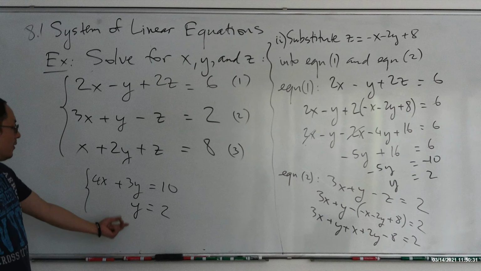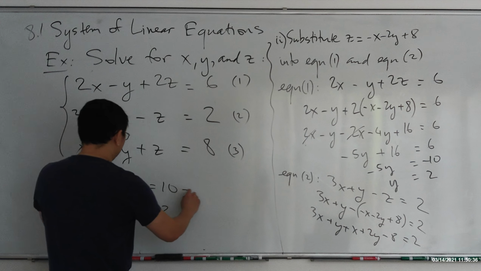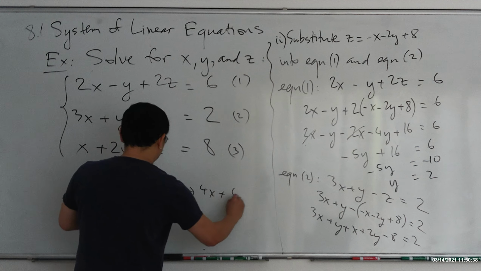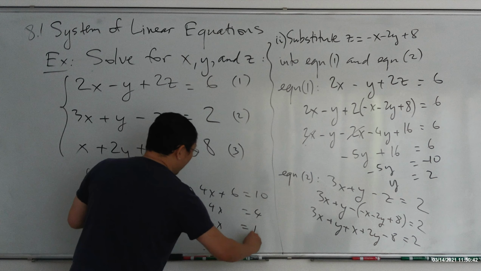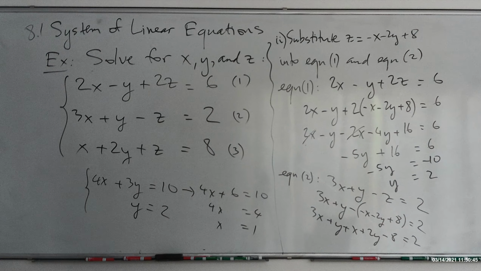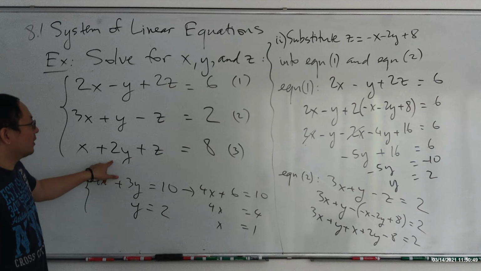Now all you have to do in here is plug in y equal to 2, you can solve for x. So plug in y equal to 2 right here, you got 4x plus 6 equal to 10. So 4x equal to 4, so x is equal to 1. Okay? After having x and y, plug into any equation, you can solve for z. I can plug into the third equation right here.